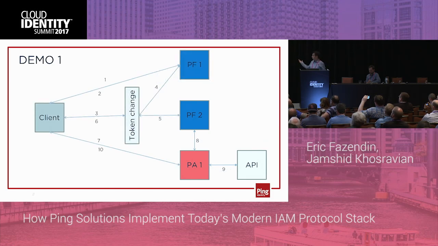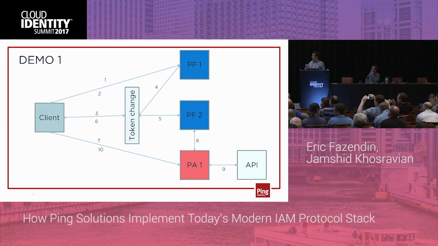So again, this is a complicated flow. I added the first slide again here. Step 1 and step 2 is a mobile client request to PF1, getting an access token and an ID token.